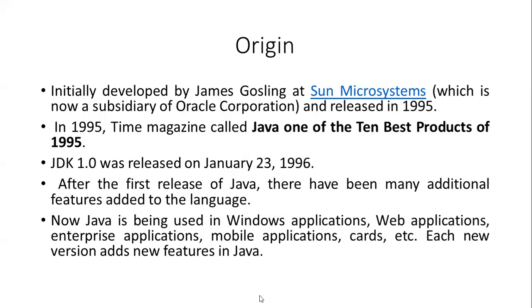After the first release, many additional features were added to the language, and many versions of JDK came. Now Java is used in window applications, web applications, enterprise applications, mobile applications, and more. Each new version adds new features to Java.